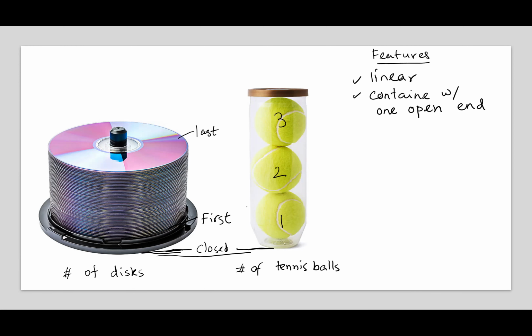But if you're taking the things out, what is going to be the sequence? If you want to take something out, then this is going to be the first one that goes out. This is the second one, and this is the third one. So the sequence will be changed. Again, this would be the first one that goes out.